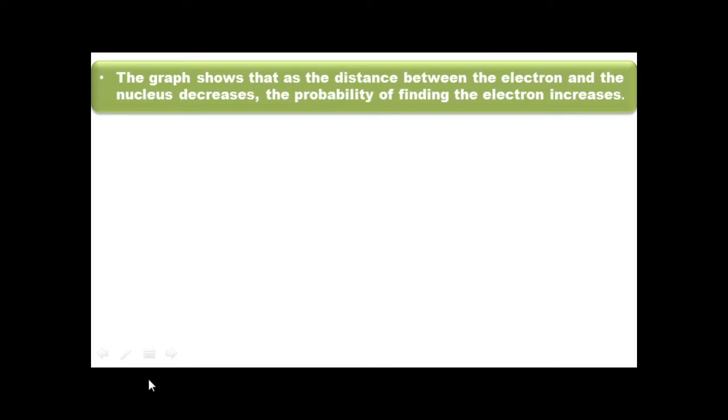From the graph, as the distance between the electron and the nucleus decreases, the probability of finding electrons increases. This graph is r squared psi squared against radius, and the zero point is like the nucleus. If the electron is at a very small distance from the nucleus, the probability of finding the electron is maximum.